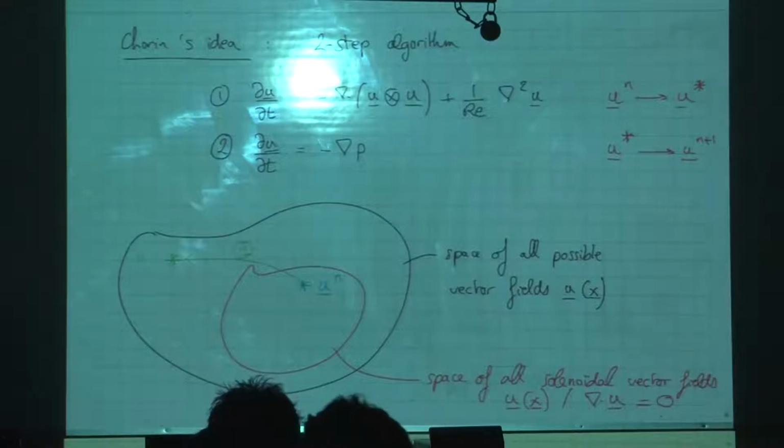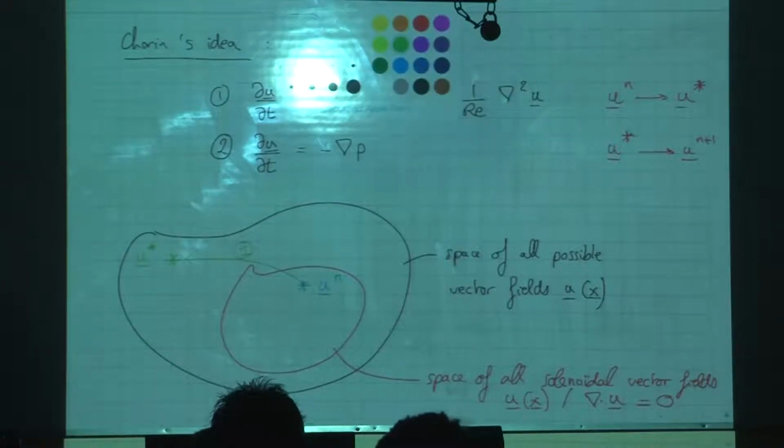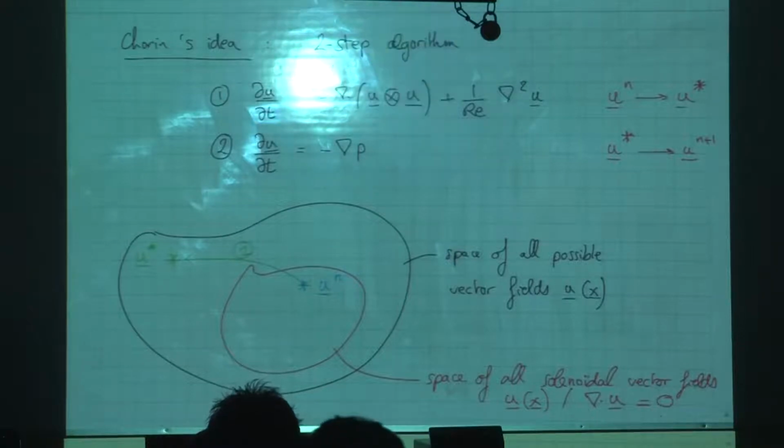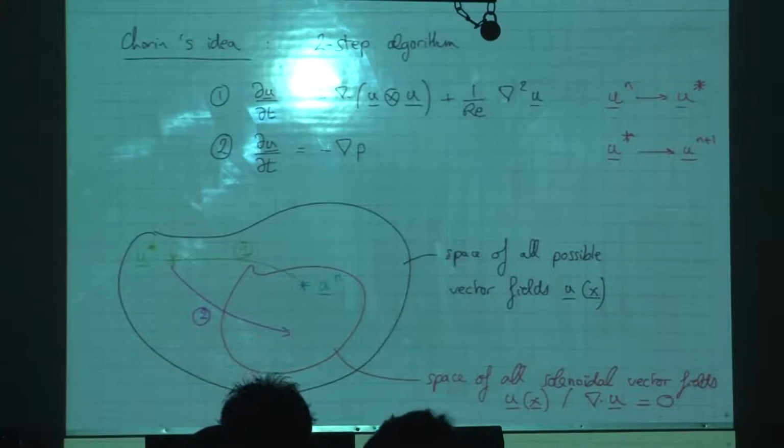It's going to take us to U star. This U star is not acceptable. We're going to use step two to project this velocity field back to the subspace of divergence-free fields, giving us our U n plus 1.